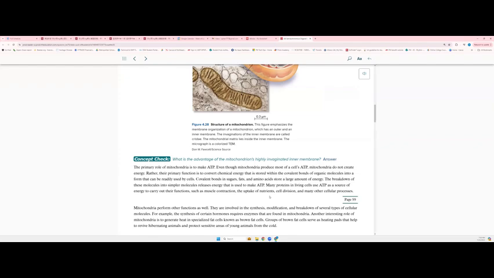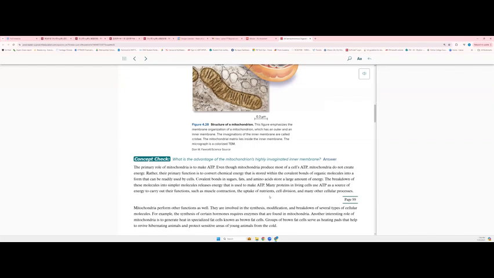So basically, what's cellular respiration? Cellular respiration happens in mitochondria. The living organism will break down the glucose to generate carbon dioxide and water, and additionally ATP. So all this cellular respiration happens in the mitochondria.